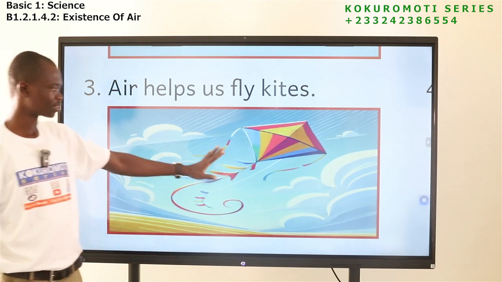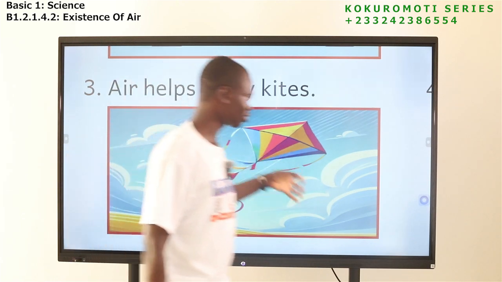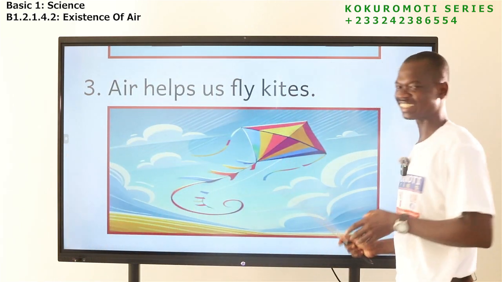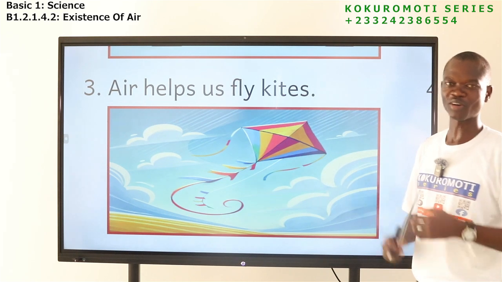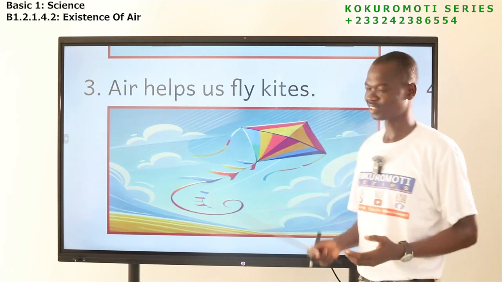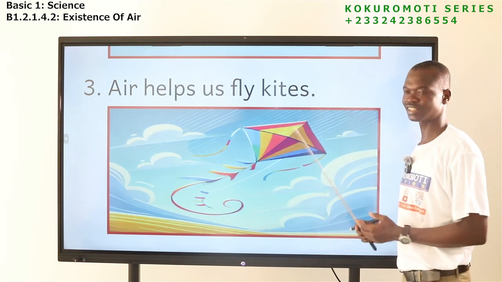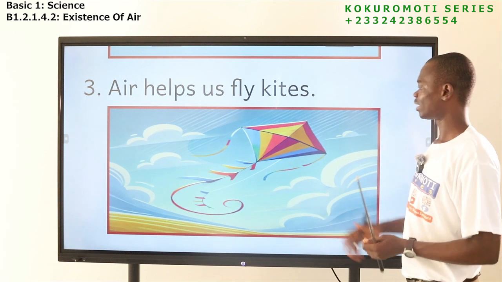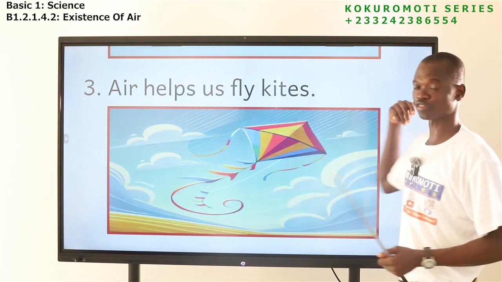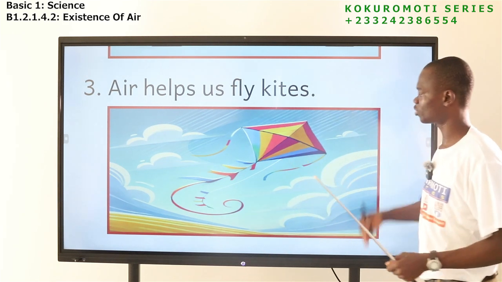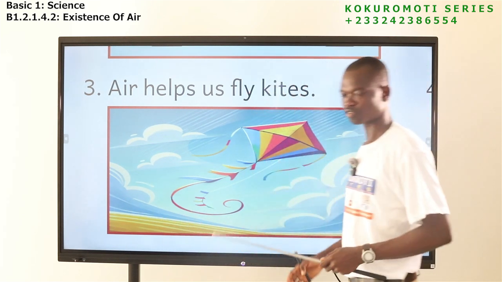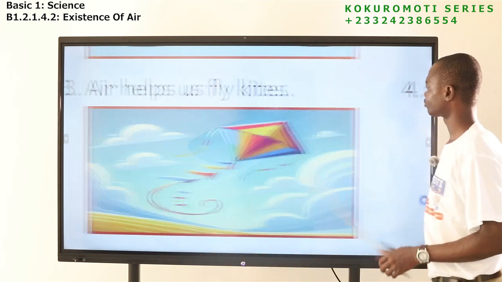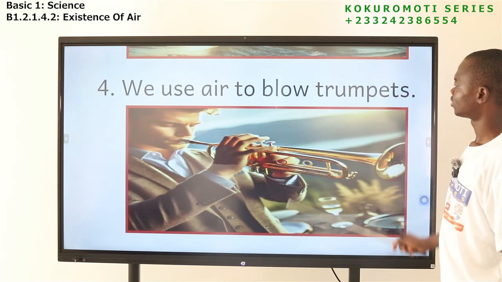Mostly children like doing this when it's about to rain or after it has rained. And it's able to move because of what? Air. It's able to fly because of what? Air. So this is another use of air.